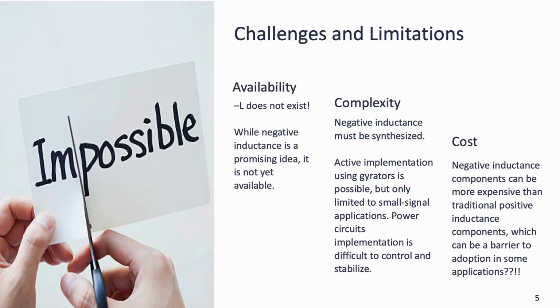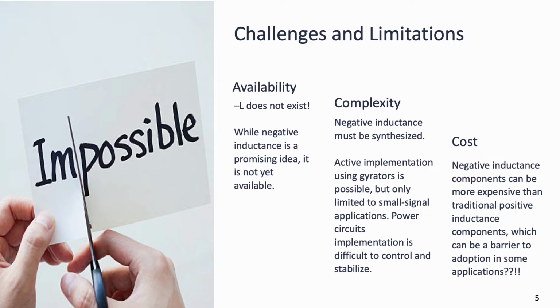Now, regarding the key challenges and limitations, first of all, let me reiterate that negative inductance is not available as a circuit element in the real world, and it is not stable inherently, and synthesizing it is not trivial. So at this point, I would like to emphasize that active implementation using gyrator has been achieved, but it is not meant for power application.